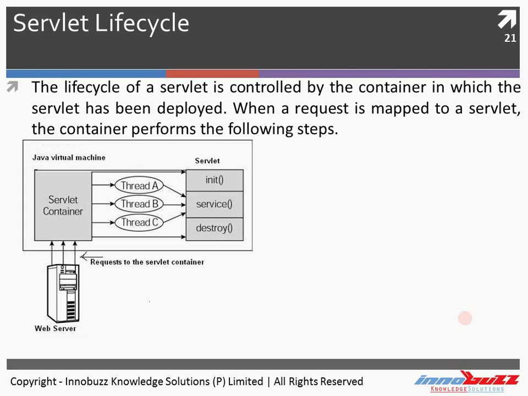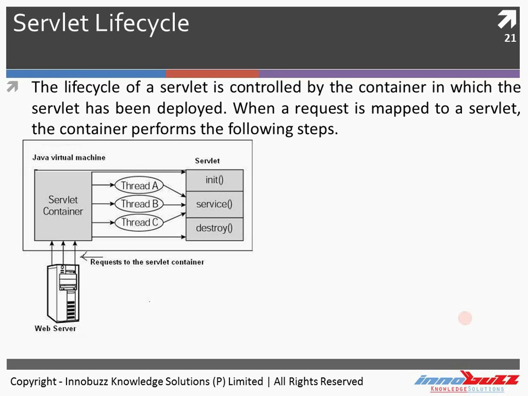Next, it invokes the service method by passing request and response objects. The service method is the main method to perform the actual task of any servlet. The servlet container, which is nothing but the web server, calls the service method to handle requests coming from the client or browsers and to write formatted responses back to the client.